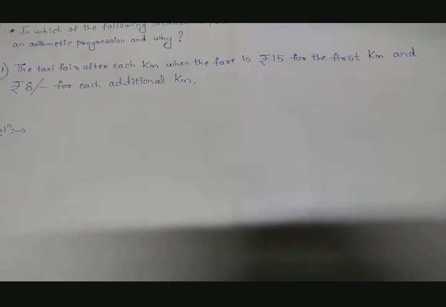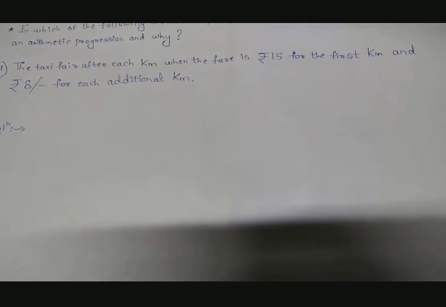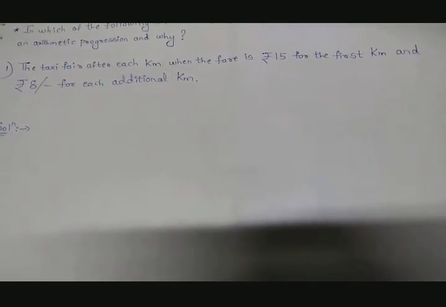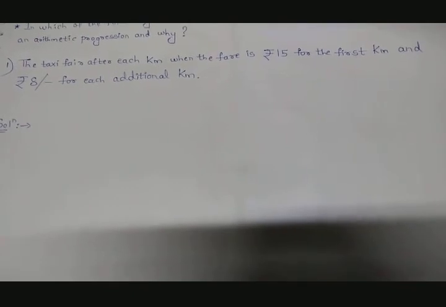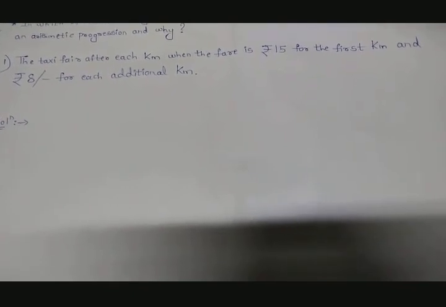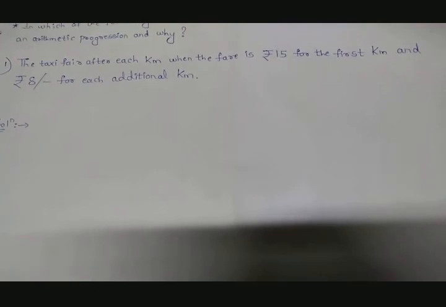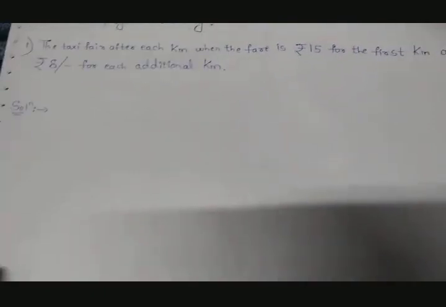So we have to check whether this forms an arithmetic progression or not, and if it forms an arithmetic progression, we have to give the reason why, and if it does not form, then also we have to give the reason why.